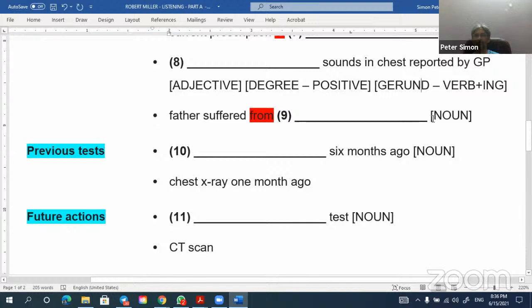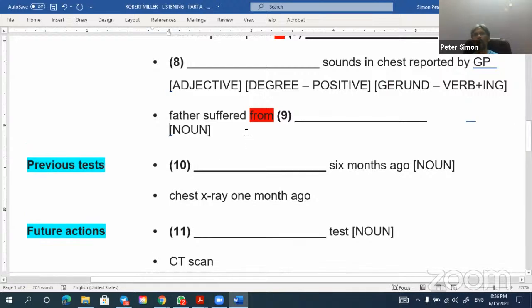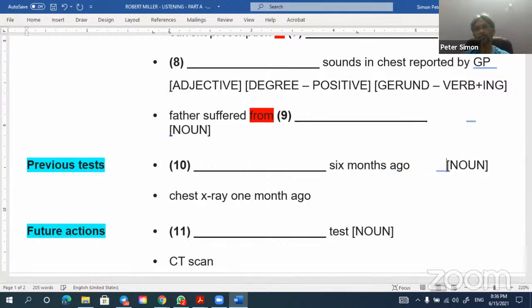Father suffered from, so noun. Father suffered from a noun, from something. It's the same thing. Singular or plural, countable or uncountable. Right. Next one. Dash 6 months ago. So this is a noun.